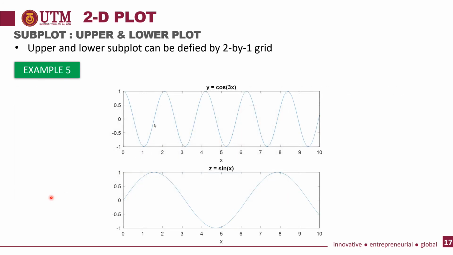You see here, this is the plot at position number 1, and this is the plot at position number 2. So it creates 2 different graphs in one figure, named y equals cos 3x and z equals sin x. You can also customize the title of each graph, your x-axis, your y-axis, and your line spec. So you can just modify and customize your graph. This is how you can create a subplot of two different rows.